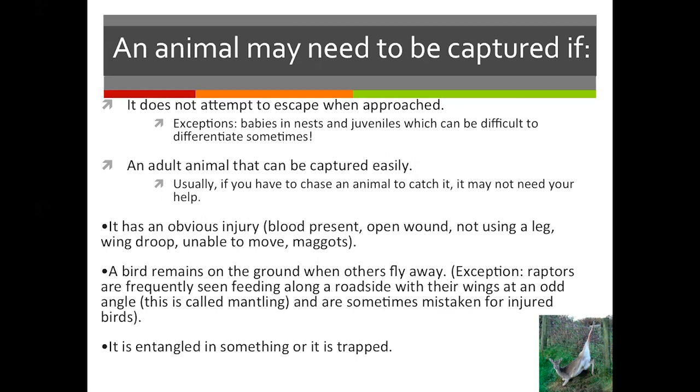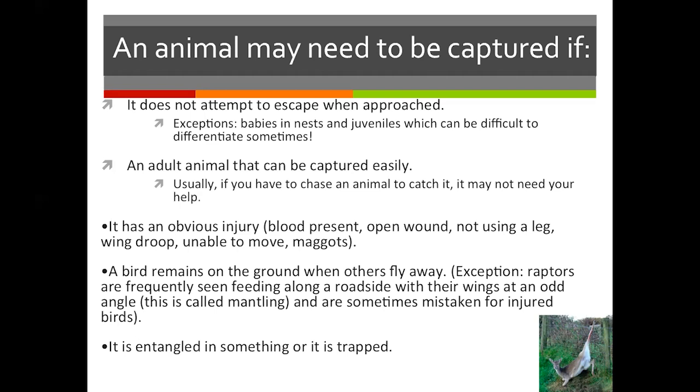There are, of course, situations where it's pretty clear that an animal may need to be captured. Adult animals that don't try to escape when approached are definitely very suspicious, but it requires you recognizing them as adult animals. And of course, you have to keep in mind rabies.